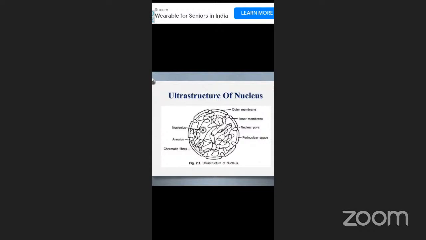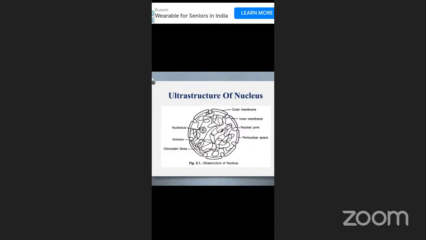Here, the function of the nucleus. The nucleus undergoes division during cell division. Through mitotic division, it helps in growth and development, while meiotic division helps in the formation of gametes, which are required for sexual reproduction. It plays an important role in heredity, as it contains DNA in the chromosomes.